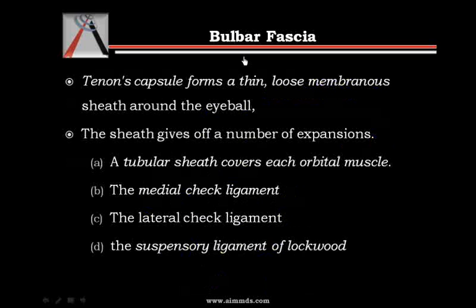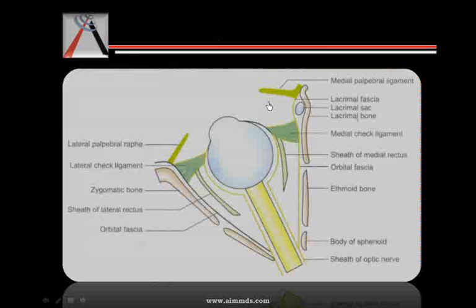Then we talk about the bulbar fascia. Now, the bulbar fascia, or Tenon's capsule, forms a thin, loose, membranous sheet around the eyeball. If you notice in here, this was our orbital fascia. Now, when we say bulbar fascia, this thing that lines the eyeball is the bulbar fascia.